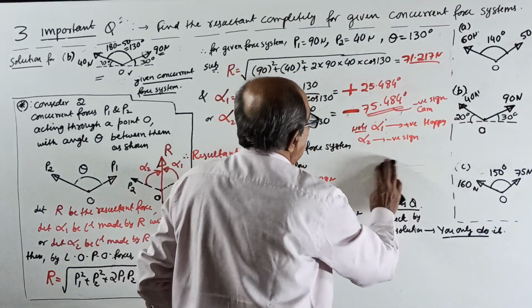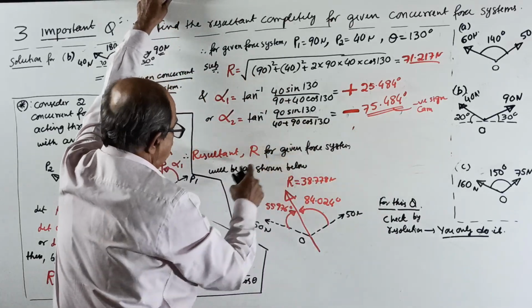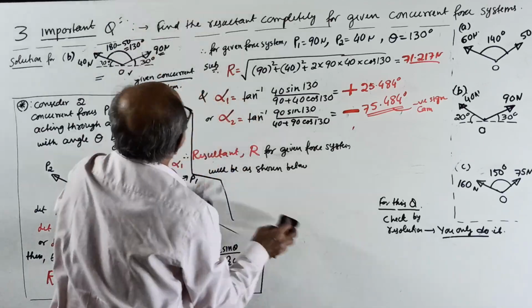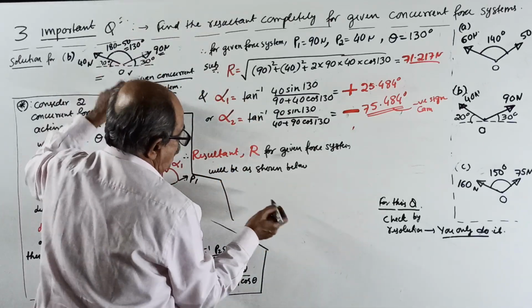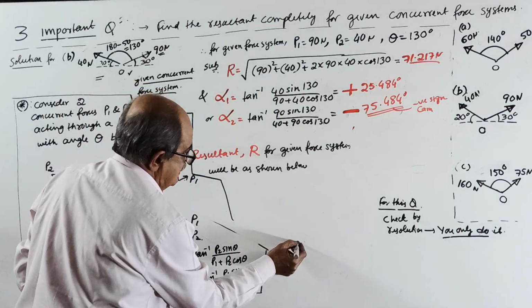Therefore, I am removing all this now. Okay, see now. Therefore, the resultant R for the given force system will be as shown below. See, whatever is given, point O is here.